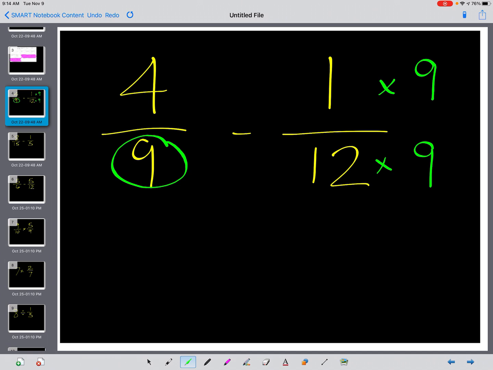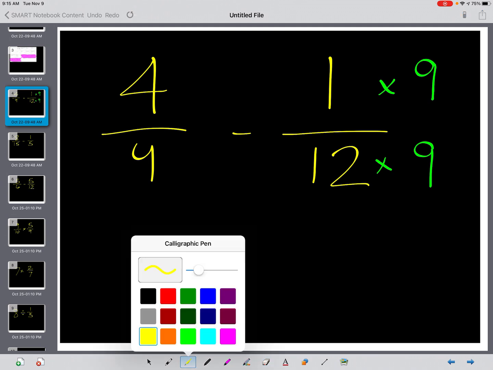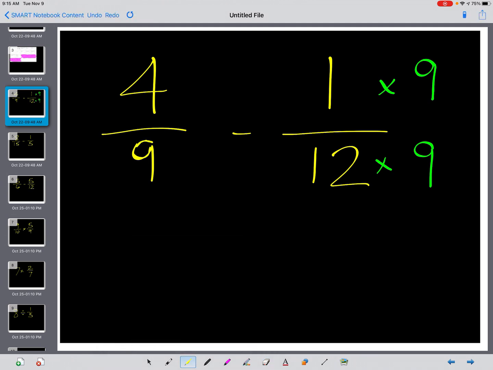So since 9 is at the bottom of the first fraction, you multiply the values in the second fraction both by 9. Then you're going to do the same thing in reverse to the first fraction. In other words, you're going to multiply all the values by 12 in that fraction.